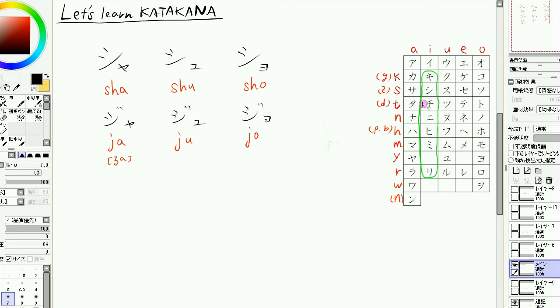So let's move on to the third one. It's chi. So chi plus small ya, chi plus small yu, and chi plus small yo. So it's chia, cha. This will be chu, and this will be cho. Cha, chu, cho. It's easy to pronounce. And what happens if we put voice sound markers?